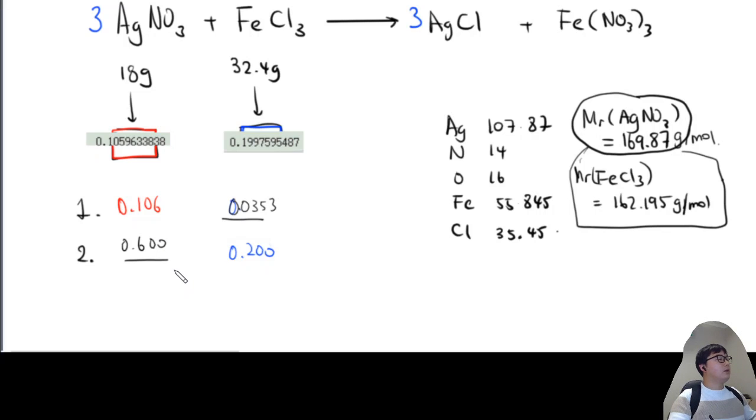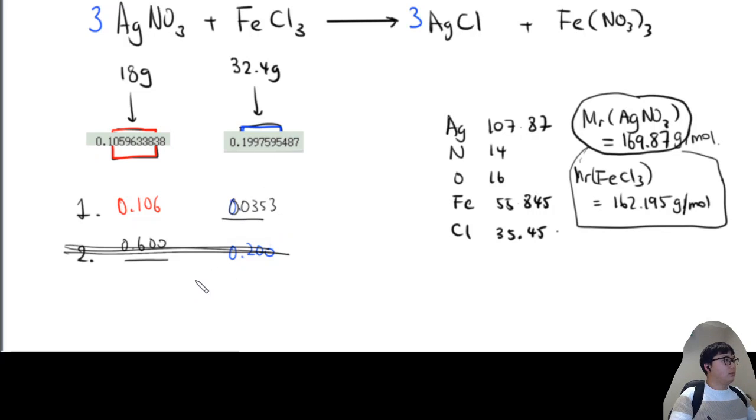Times by 3. So which one is an impossible scenario? The second one. You don't have that much. So get rid of that, okay? No need to look at it. So we will end up using all of the first one and only a tiny bit of that one, okay?